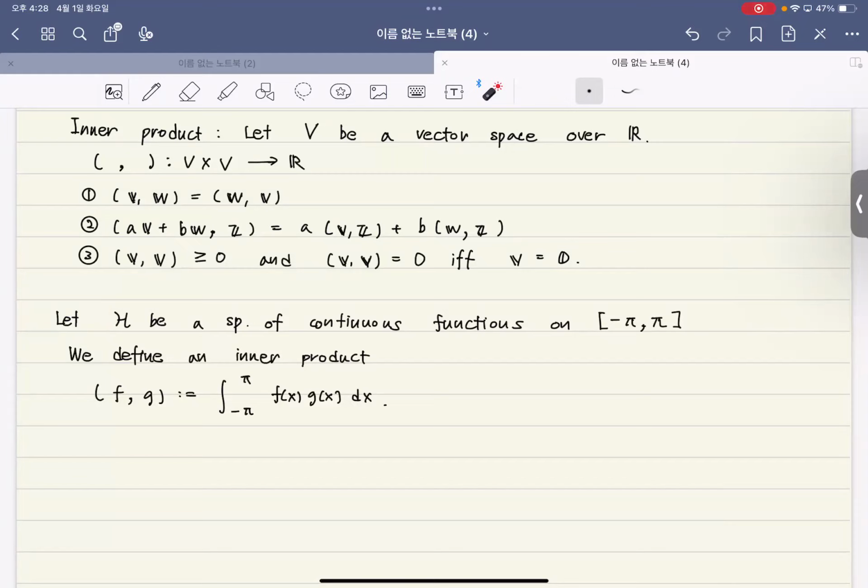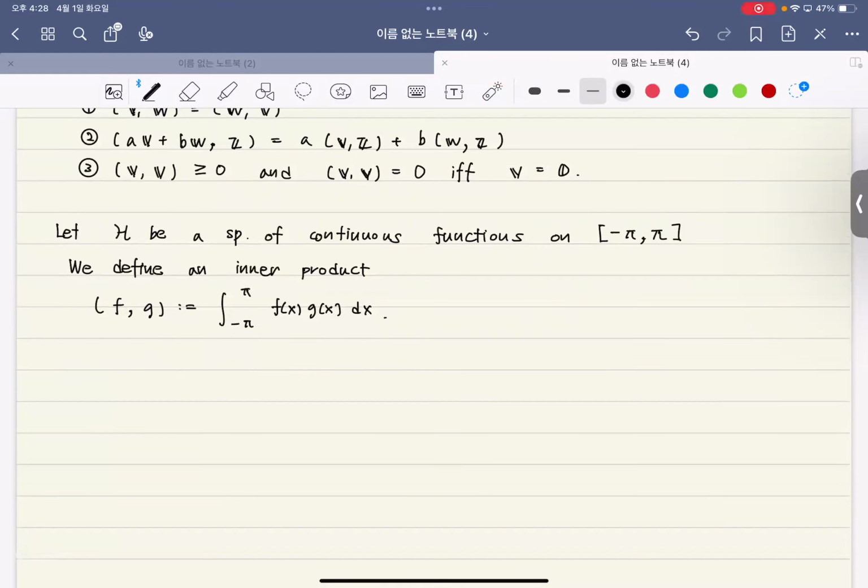This is actually an abstract inner product in vector space H. The surprising thing is this vector space has a basis: 1, cosine x, sine x, cosine 2x, sine 2x, cosine 3x, sine 3x, and so on.